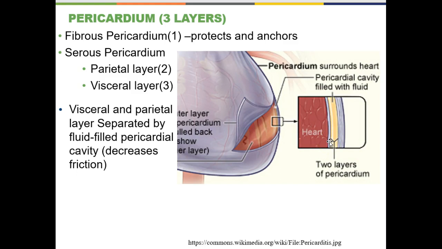So that when your heart beats in your chest, it moves around a bit, it kind of twists a little bit, and instead of your heart rubbing up against your lungs or something else, you have a layer of pericardium rubbing up against a layer of pericardium with some pericardial fluid in between them for lubrication, so that the heart doesn't damage itself or the organs that are next to it.